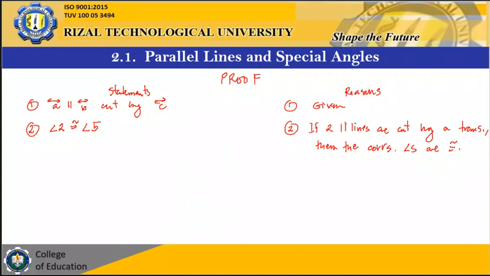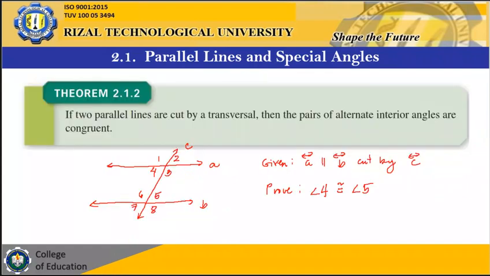Now, what else can we infer from our given figure? Since we are trying to prove that angle 4 is congruent to angle 5, and we already have shown that angle 2 is congruent to angle 5, we can also say that angle 2 is congruent to angle 4.